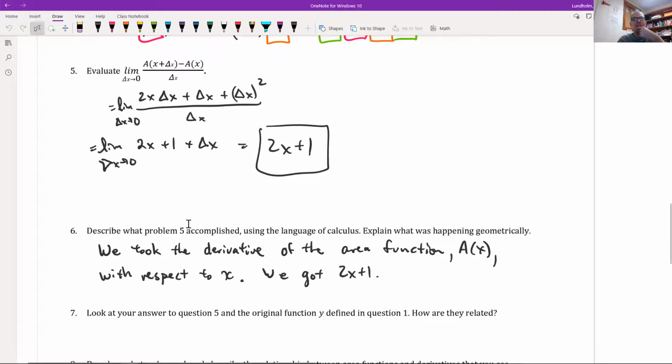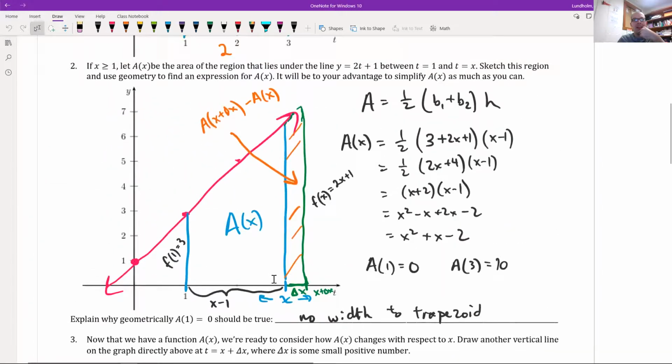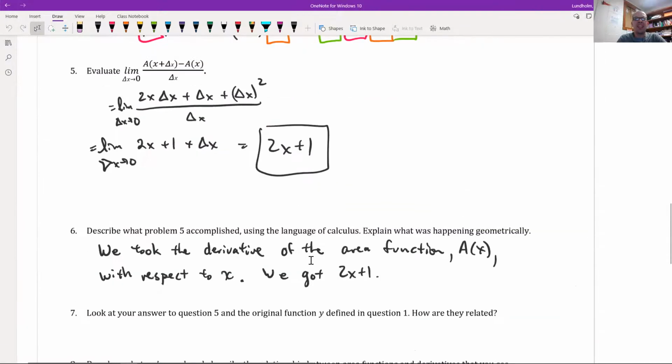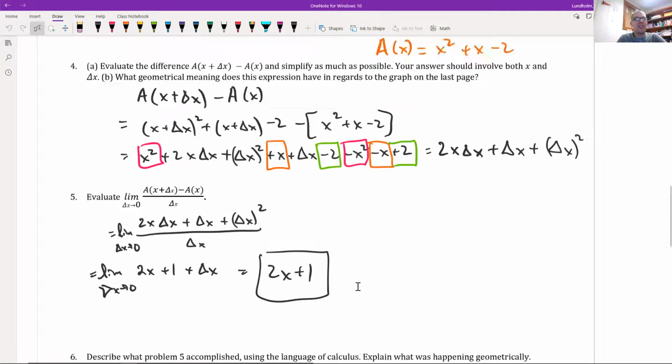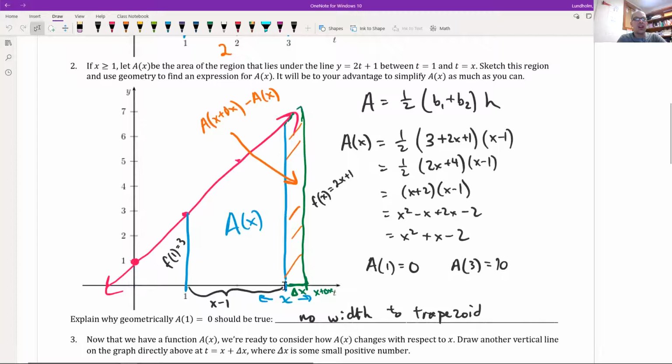And what was happening geometrically? Well, if we go back and look at this, if we think about what's happening as delta x approaches 0, you would imagine this green line getting closer and closer to the blue line, and the orange area here getting smaller and smaller and smaller until, basically, what happens when we get 2x plus 1 as an answer is that it's just the function value at that height.